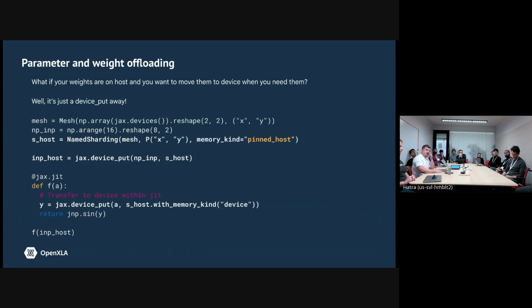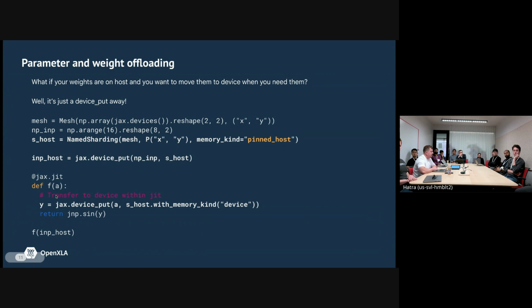So this is how we can do parameter and weight offloading in JAX. So imagine you have an optimizer, and the optimizer state lives on the host, or the input to a program lives on the host. This is defined by the named sharding. So we have a mesh for devices with X, Y axes, and we set the memory kind as pinned host, and we explicitly put this numpy array into the host memory space.